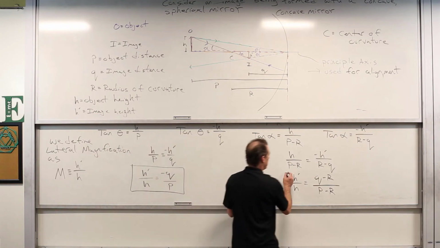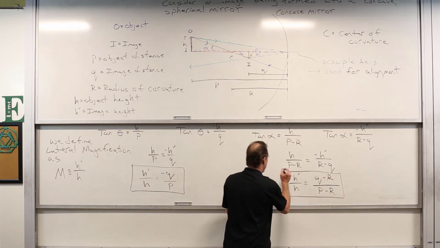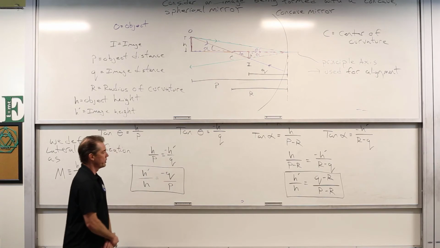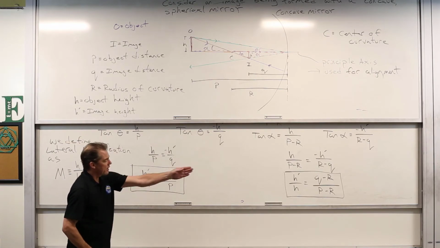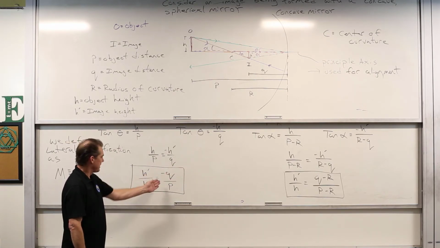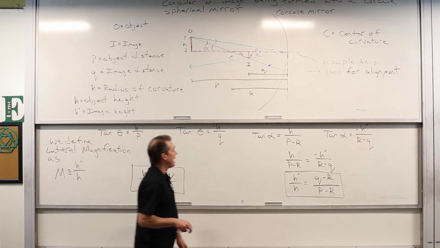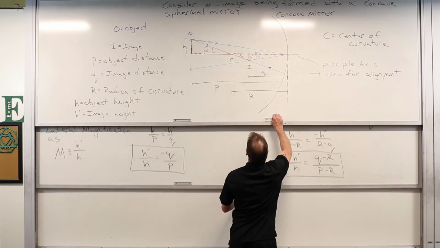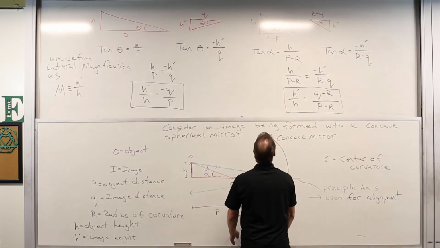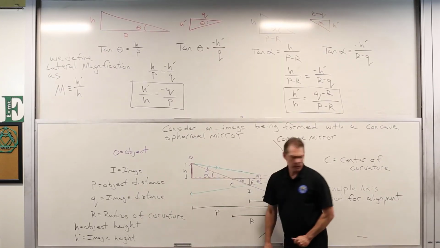Here we go. There's another expression for h prime over h. Now, this one's not quite as useful by itself, because the other one is a lot more simple. Nonetheless, we've got h prime over h. All right, so let's take a look at this, shall we?